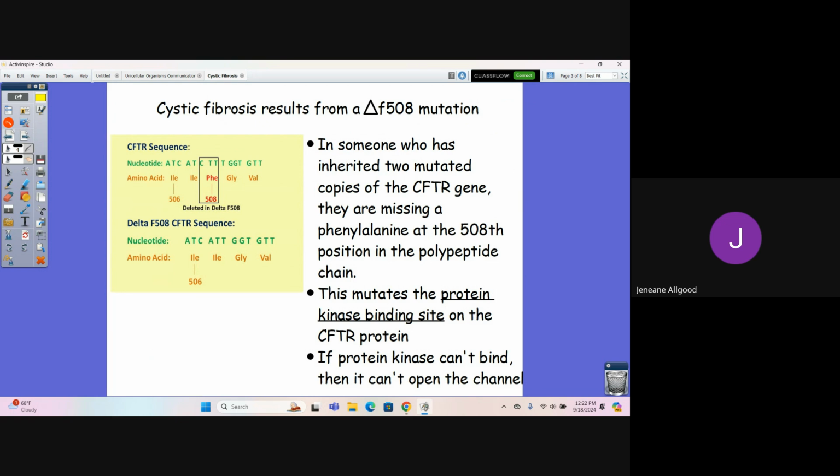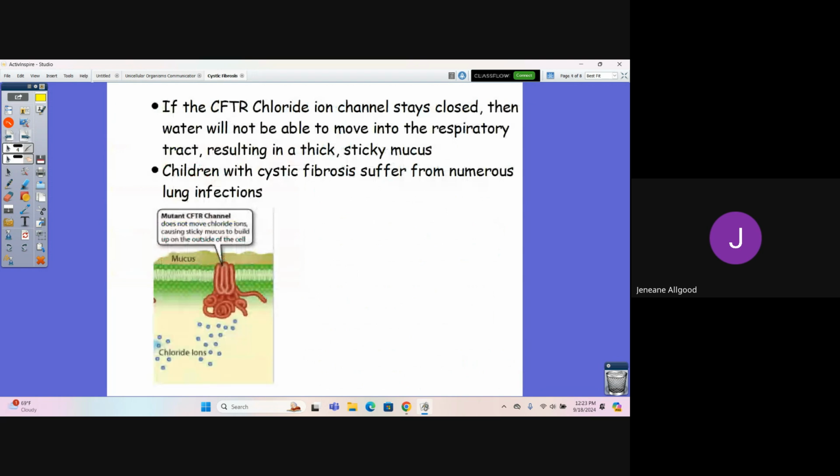So if protein kinase A can't bind to the CFTR protein, then the ion channel won't open. Chloride ions, I know this looks weird, but that's supposed to be the CFTR protein. Then the chloride ions won't be able to leave the lung cells and go into the respiratory tract, which means water can't follow, which is going to give them this very thick, sticky mucus, which they're going to have to take enzymes in a nebulizer.